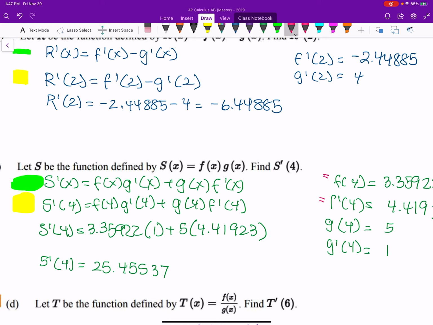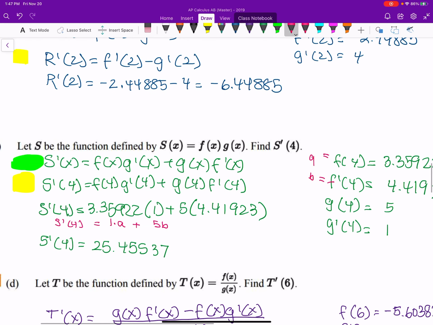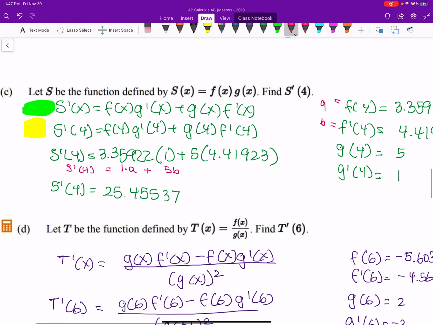It's just so you don't have to write it lots of times. Then you would say, okay, it's 1 times, that first one is A, plus 5 times B is equal to S prime of 4. And then put that in the calculator, and hopefully you're getting 25.45537, or at least 25.455.